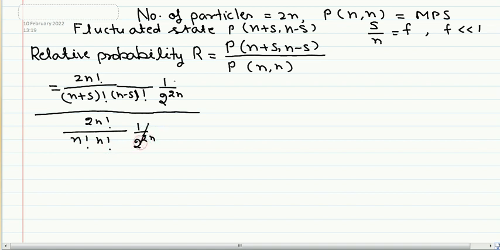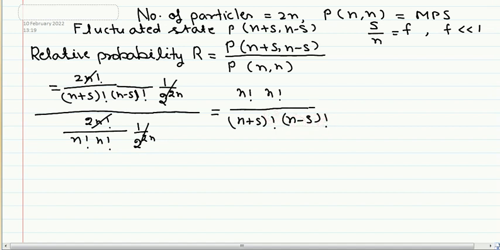So the 2 to the power 2n cancels, the 2n factorial cancels, and we are left with n factorial n factorial over n plus s factorial and n minus s factorial.